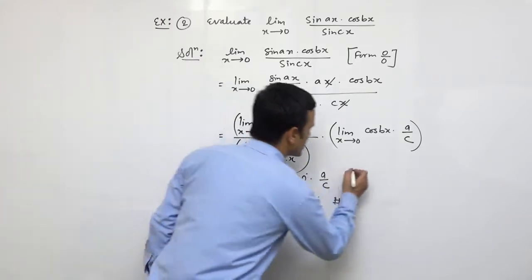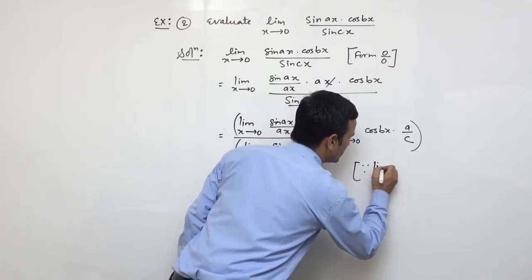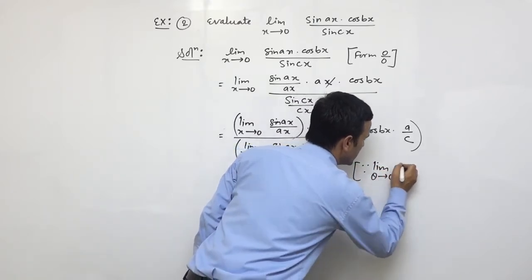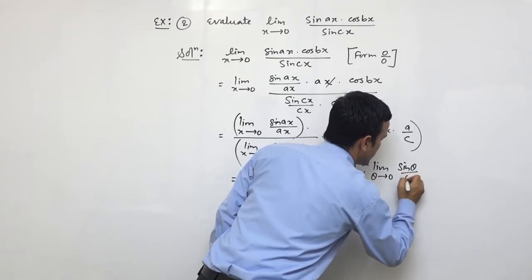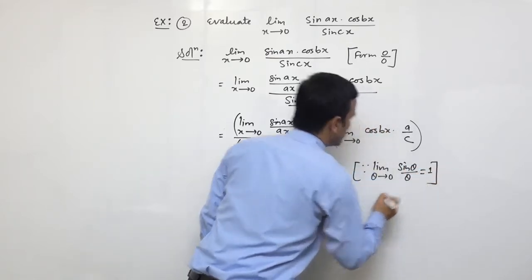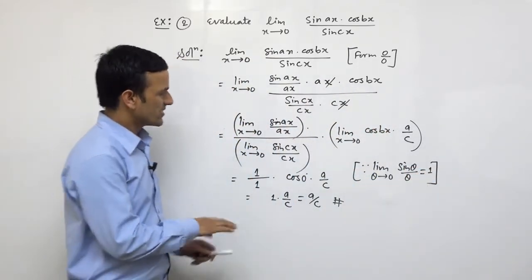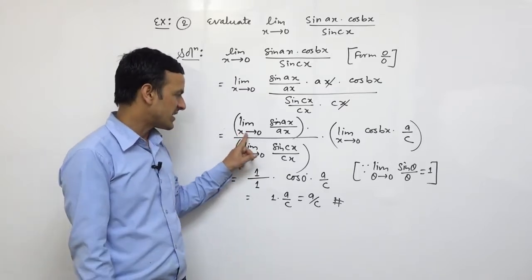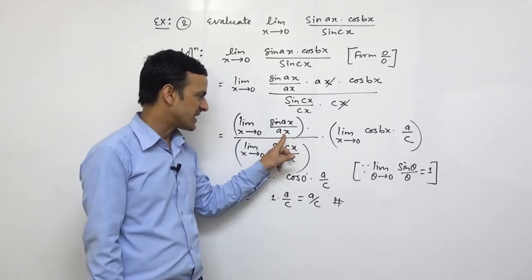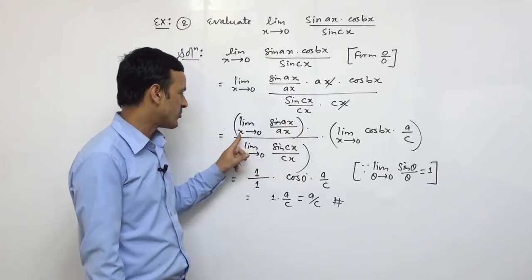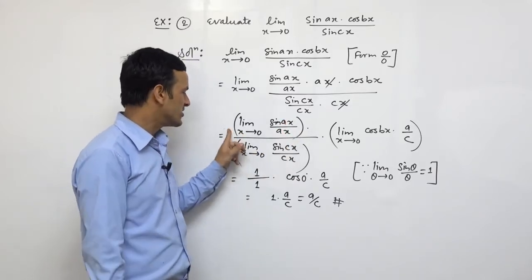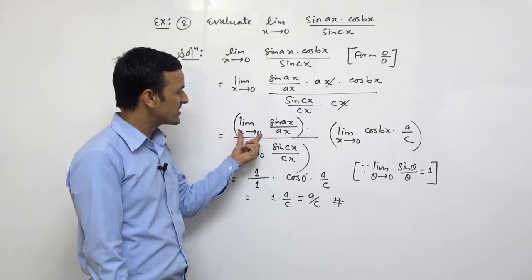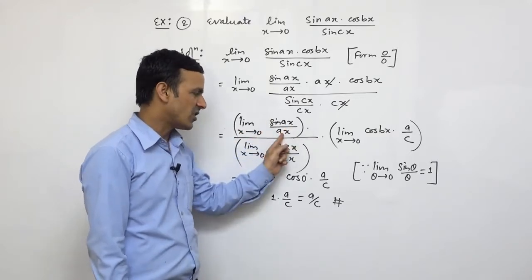In this case, here is the theorem we are applying: sin theta divided by theta means 1. Look once, this is theta, theta tends to 0, sin theta by theta. So when ax comes, we can also take theta as x into a. X tends to 0, so sin theta by theta is always 1.